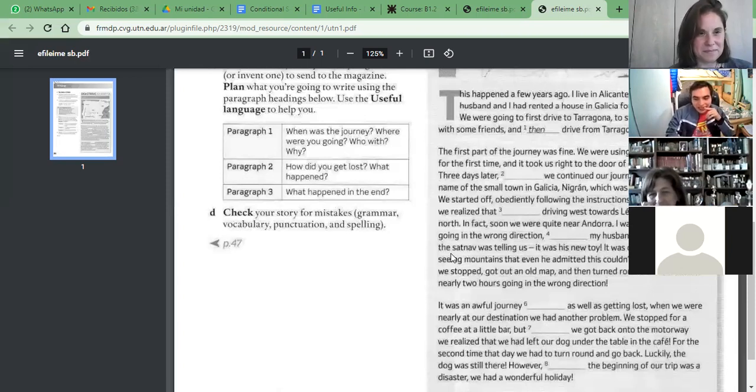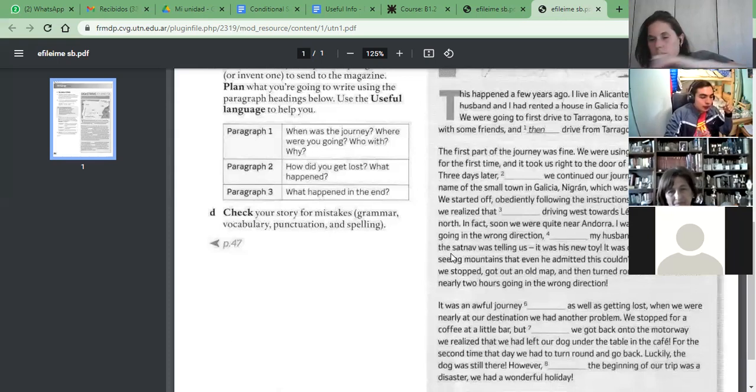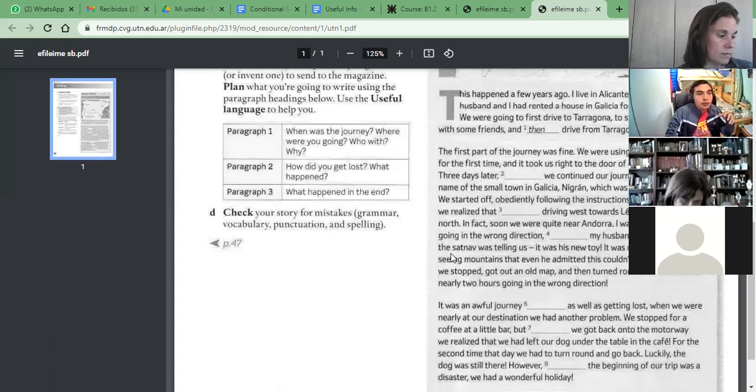I can't think of an interesting or good story, but it's more like a funny one. Go. With my dad, we took a trip to Buenos Aires, and we stopped to have dinner at the McDonald's in Chascomús.